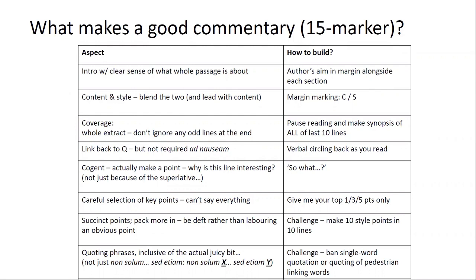For the idea of brevity, you could say, okay, I want you to write a paragraph on this, not in exam format, but a 10-line paragraph, and try to squeeze in 10 mini style points, which you can definitely do just by making it succinct and treating the reader and the examiner as someone intelligent enough to get the style point very quickly.